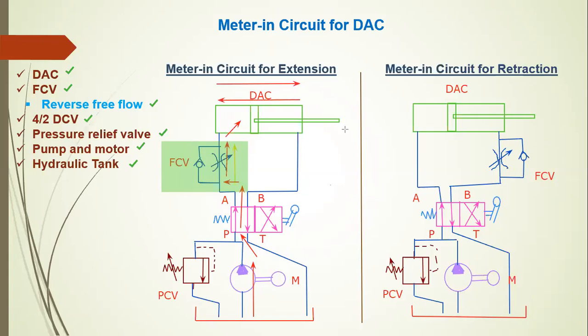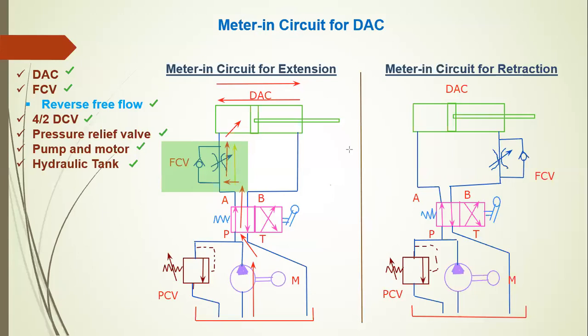It controls the speed of the actuator. If you require a lower speed, such as the piston moving 1 mm in 1 second, it controls the flow into the DAC through the FCV.